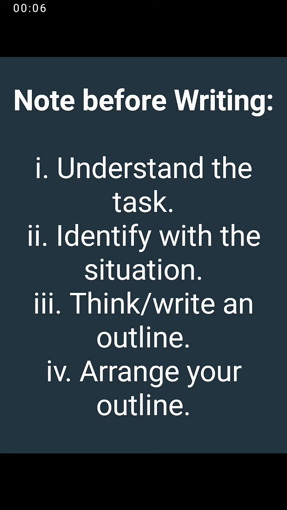Today we'll be looking at steps to take before writing an essay, specifically on letter writing. So we'll be focusing on the aspects of letter writing.